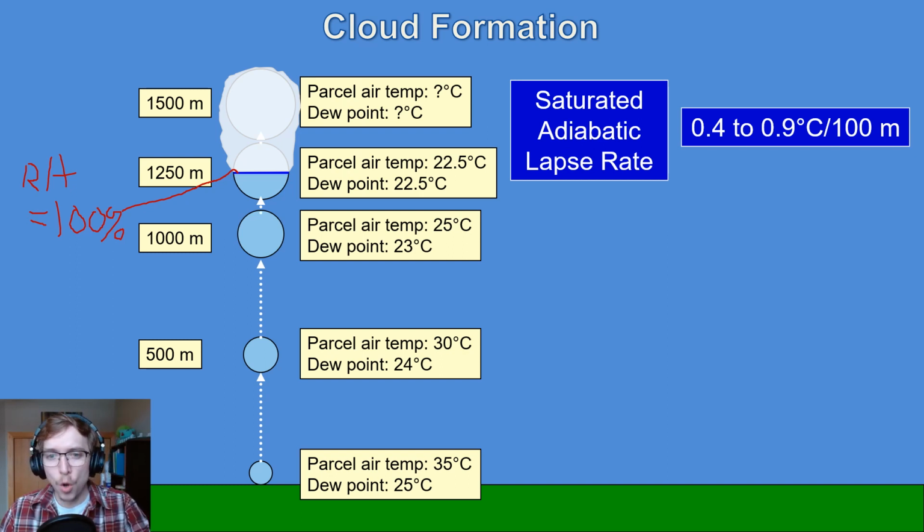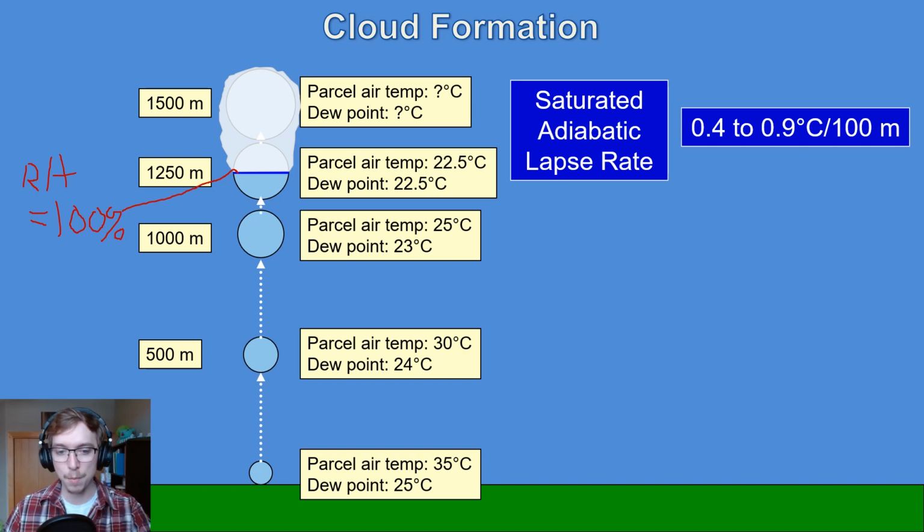We're going to hold it constant whenever we have a given example, but just know that it varies somewhere between 0.4 and 0.9 degrees Celsius for every 100 meters, and that's dependent on a lot of different factors. This is the rate at which air is cooling for every 100 meters of rise while it's saturated.